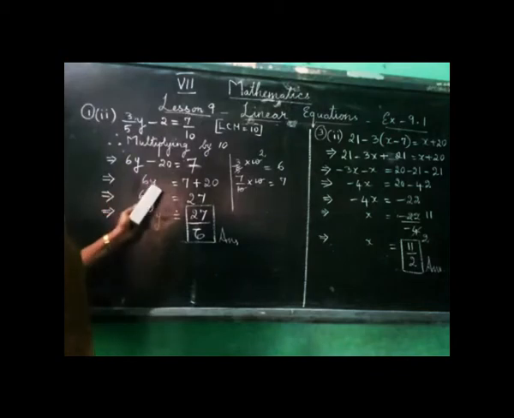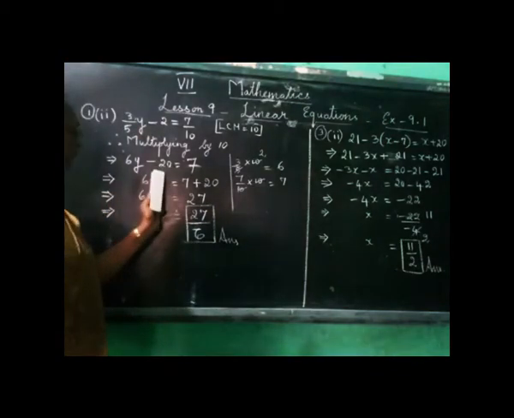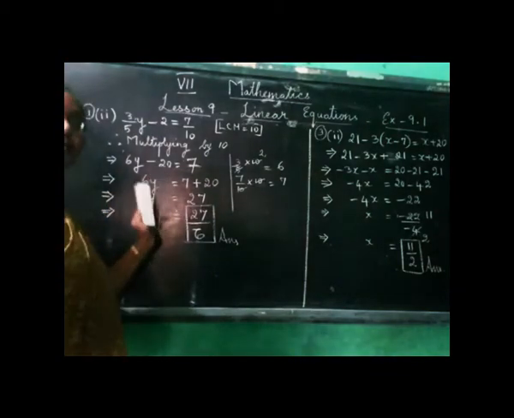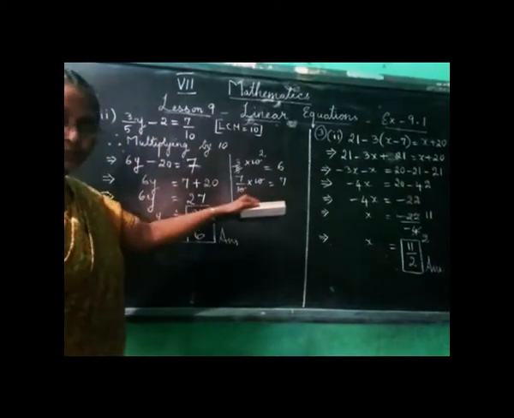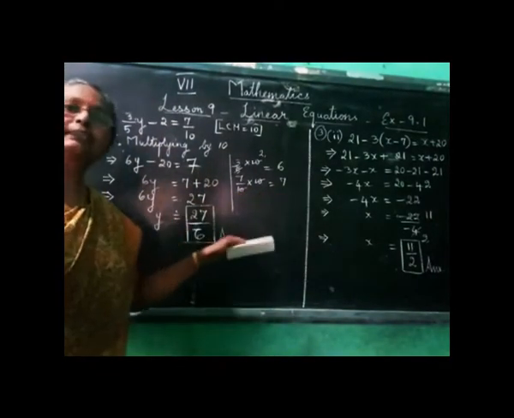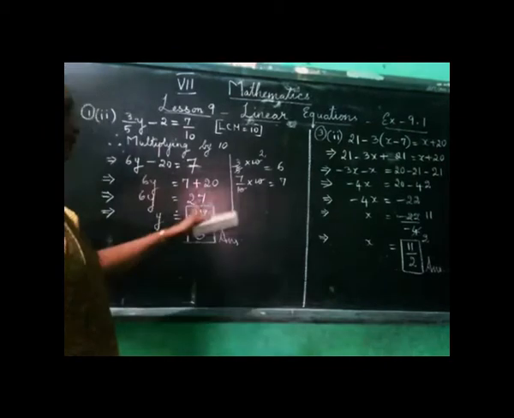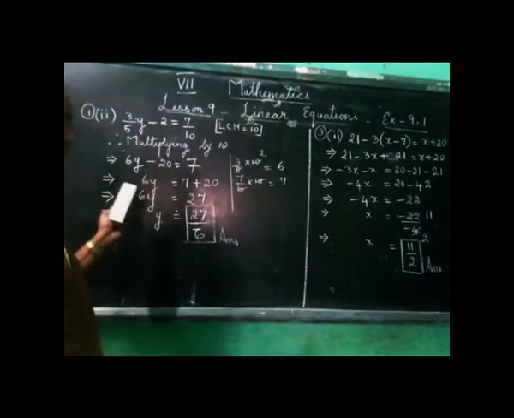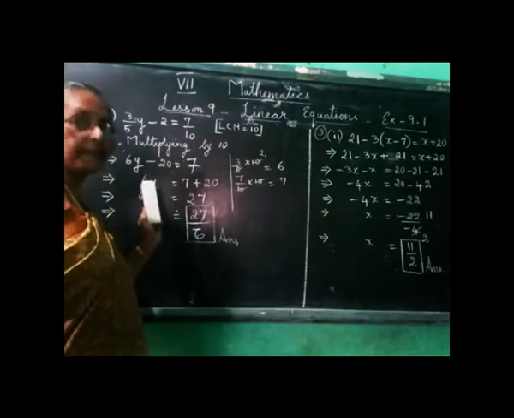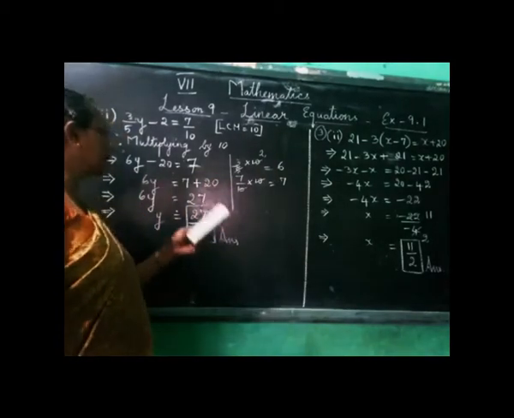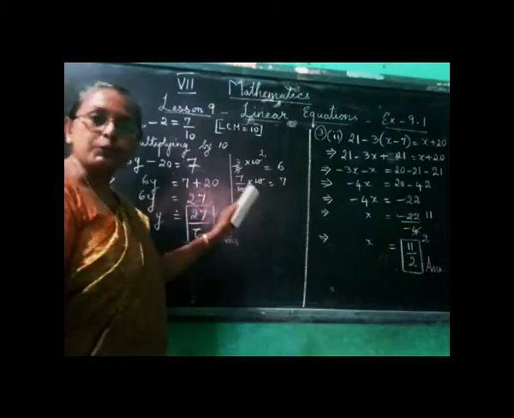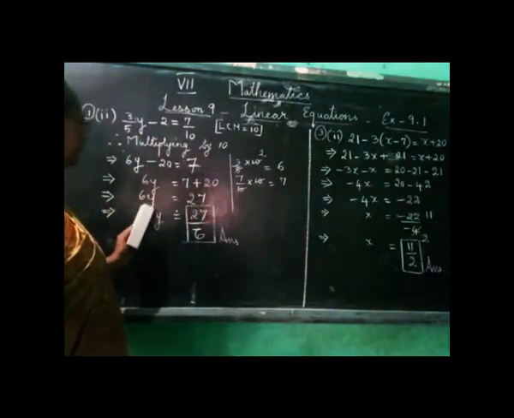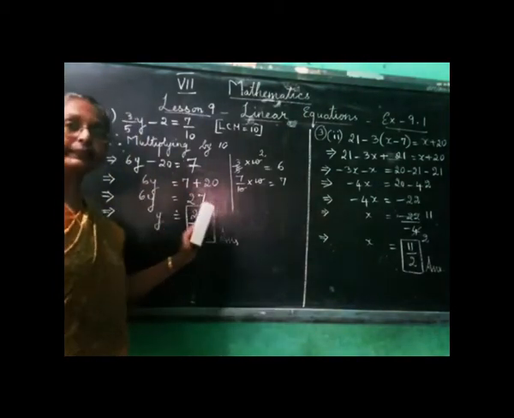Now 6y is equal to this; minus 20 we take to the other side of the equation. This is called transposition. We can just shift to the other side. We already know what is subtracted on the left side will become added on the right side. And so 7 plus 20. So the next step we get is 6y is equal to 27.